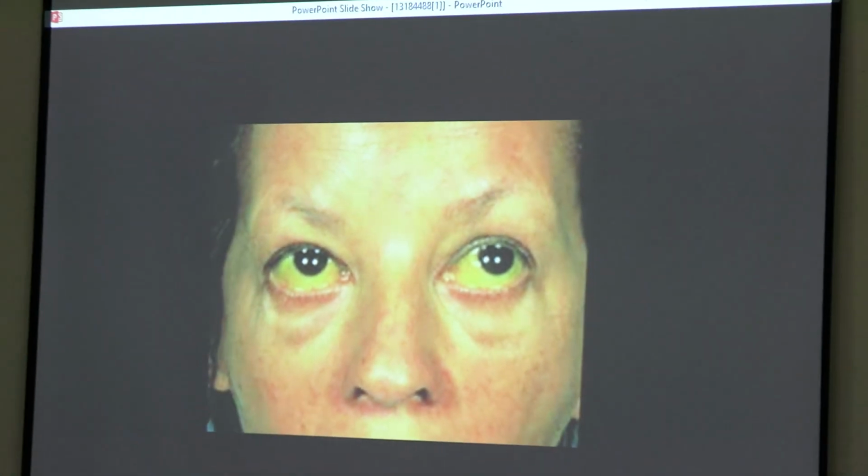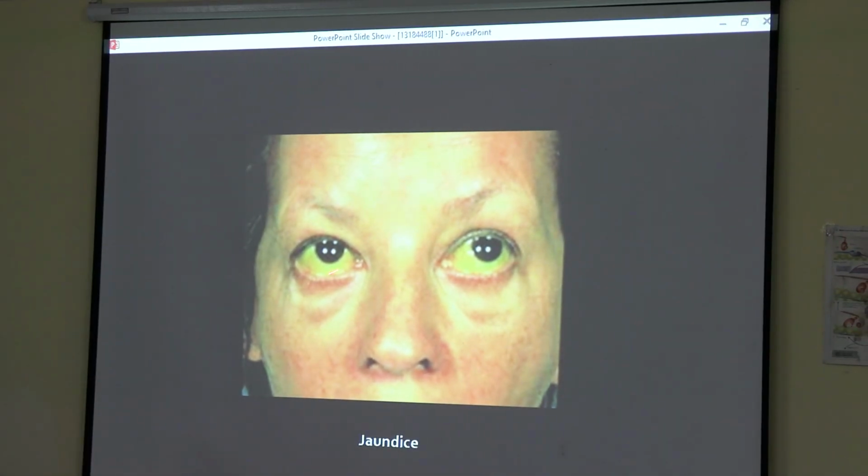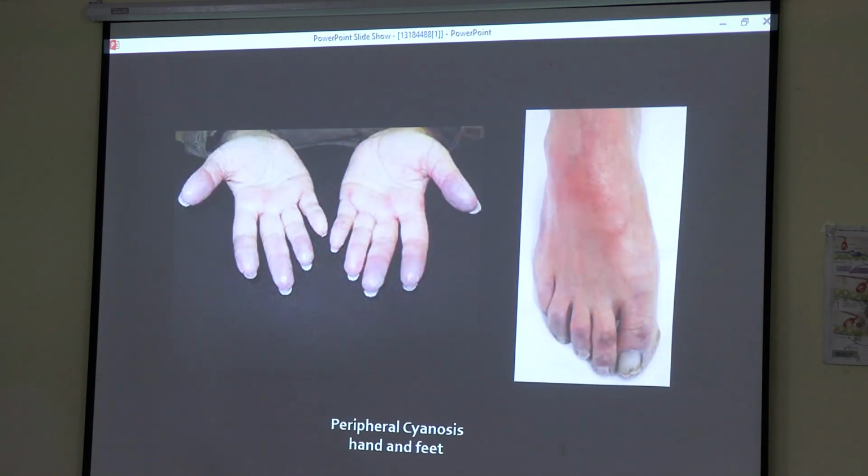See this patient. So there is yellowish discoloration of the sclera, right? This part, and his skin is also discolored, you can see on the screen. This is a picture of peripheral cyanosis.